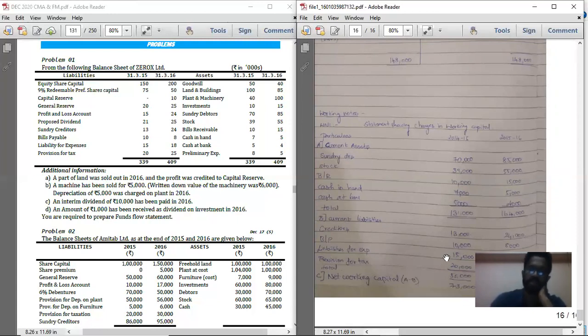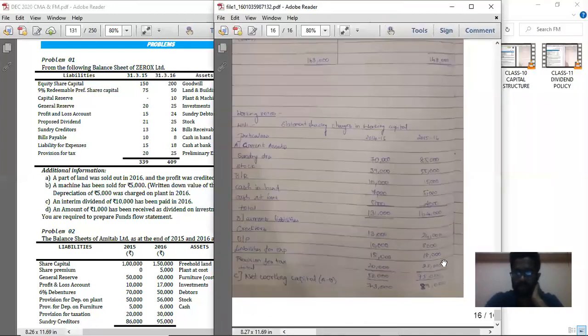Underline it, record 58,000. Now total the 2015-16 column: 24,000 plus 8,000 plus 18,000 plus 25,000, you are getting 75,000.